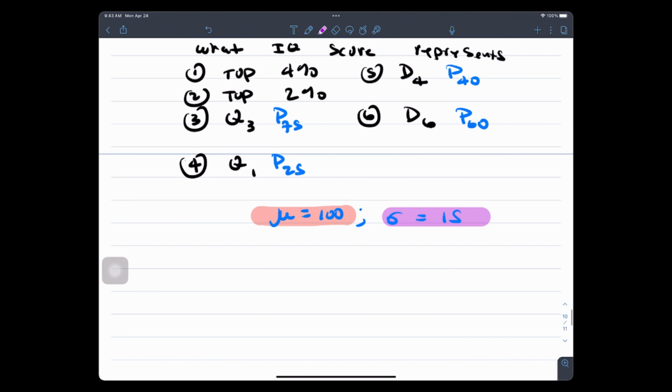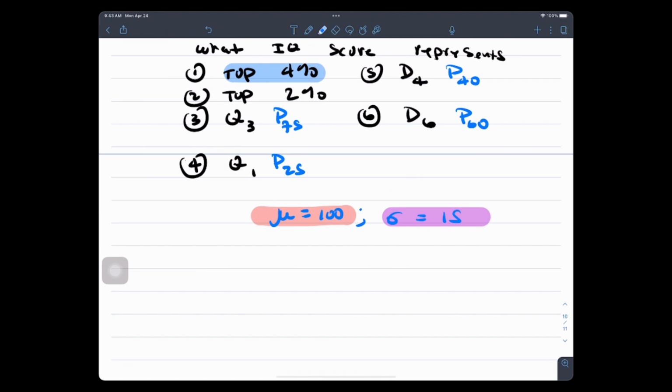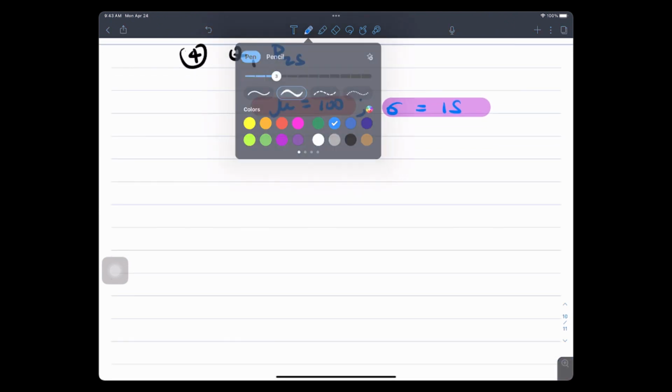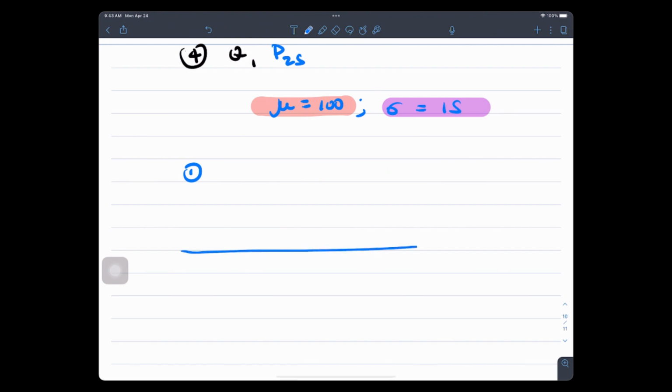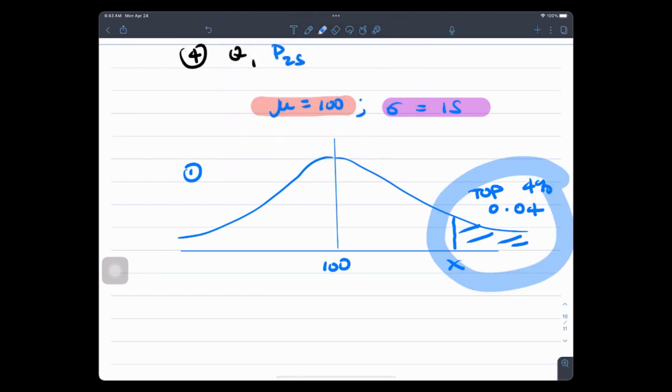For question 1, they say the top 4%. Here's my X. How do you write 4%? 0.04. This is a right tail. Is that true?